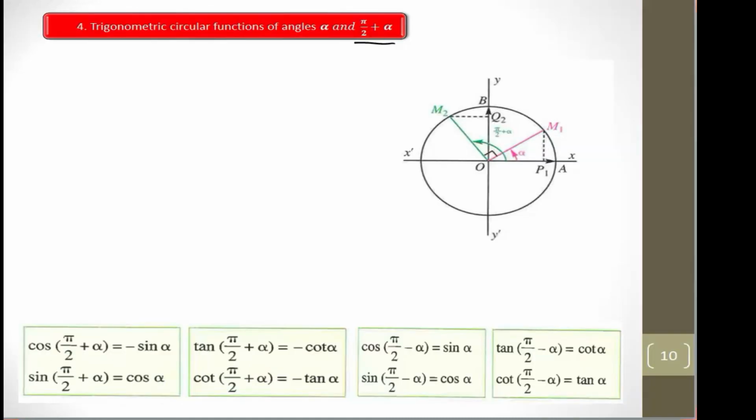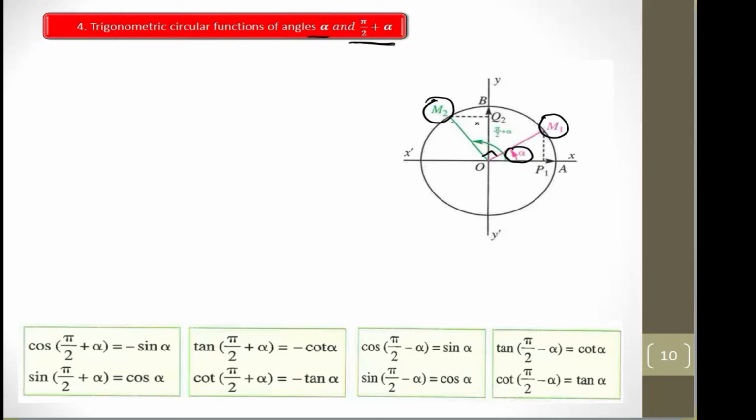In the same way, we can deduce the trigonometric circular functions of alpha and pi over 2 plus alpha. Suppose M1 has angle alpha and point M2 has angle pi over 2 plus alpha, which is alpha plus 90 degrees. So this angle is pi over 2. Anyway, M2 is here.